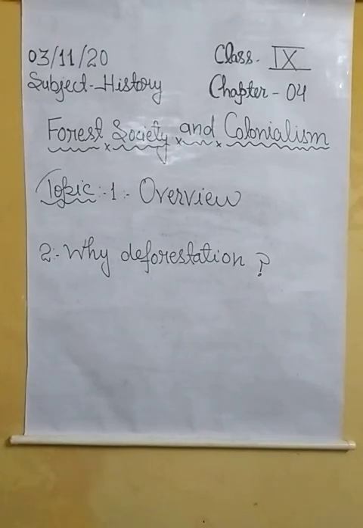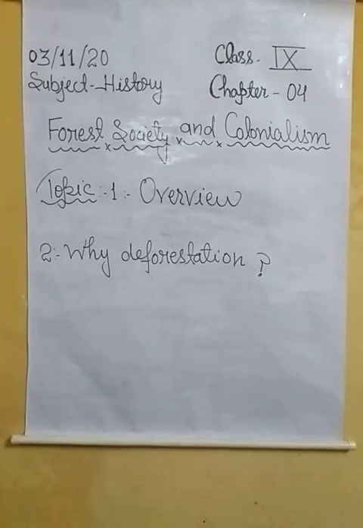So students, you know very well that Britishers were always using things according to their needs and requirements, and they always made new policies and changes for the using of goods and services.